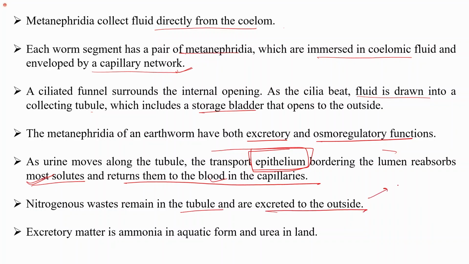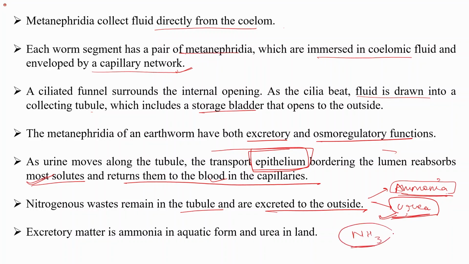The nitrogenous waste can be ammonia if the organism is aquatic, or it can be urea if the organism is present on land. For example, the earthworm, which lives on land, excretes urea, while the polychaetes, which are mostly marine, excrete ammonia. We know that ammonia is more toxic, and therefore it requires dilution.